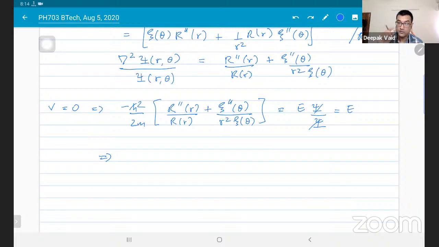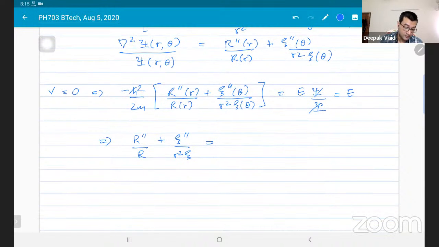You all know now that 2m by h bar squared can be written as k squared. So this is equal to minus 2mE by h bar squared, which is equal to minus k squared.